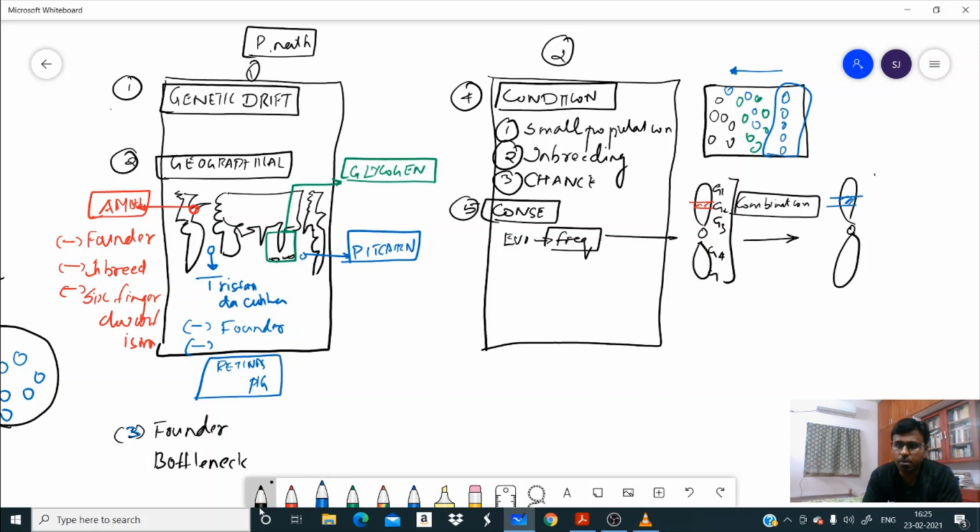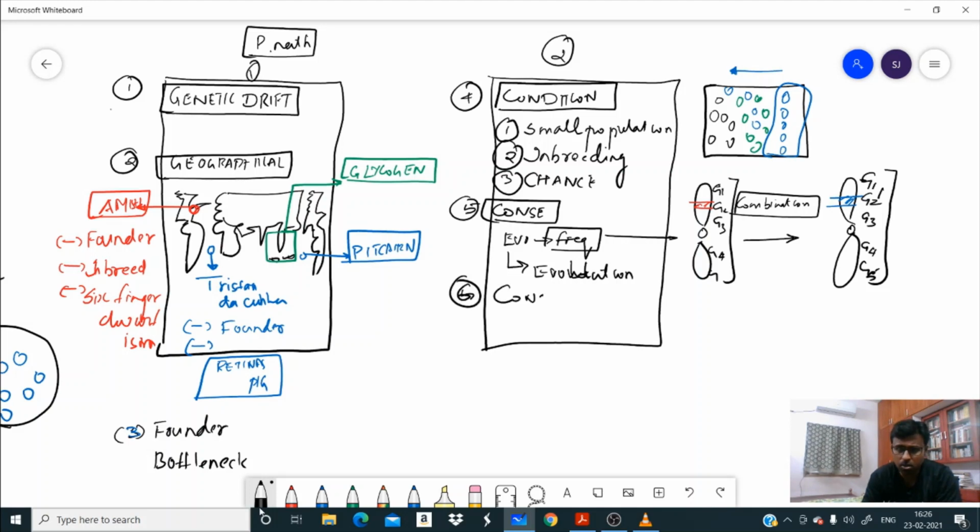Now the combination is different. So now G1, G2 dash, G3, G4, G5. So the combination of alleles is changing. When the combination of alleles is changing, evolution will have a chance, or a better trial. Evolution is basically a process of trial and error, and hence this different combination can be checked by evolution, and it is very much essential for evolution.